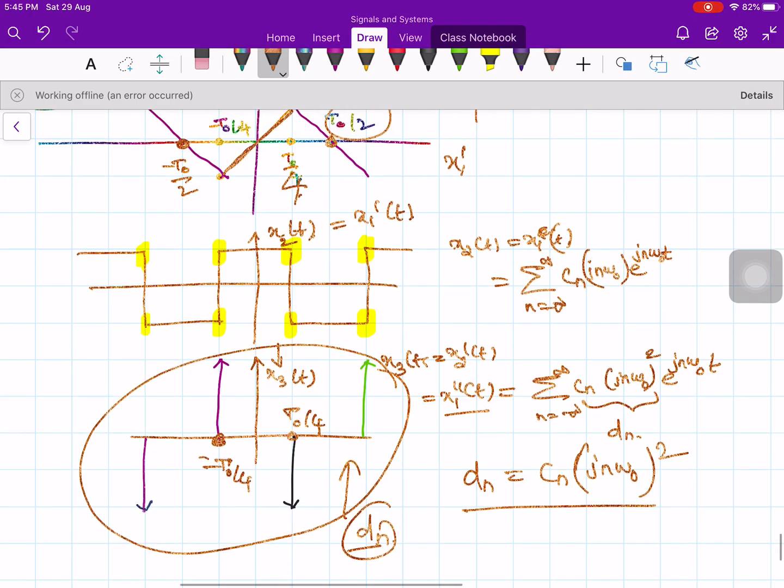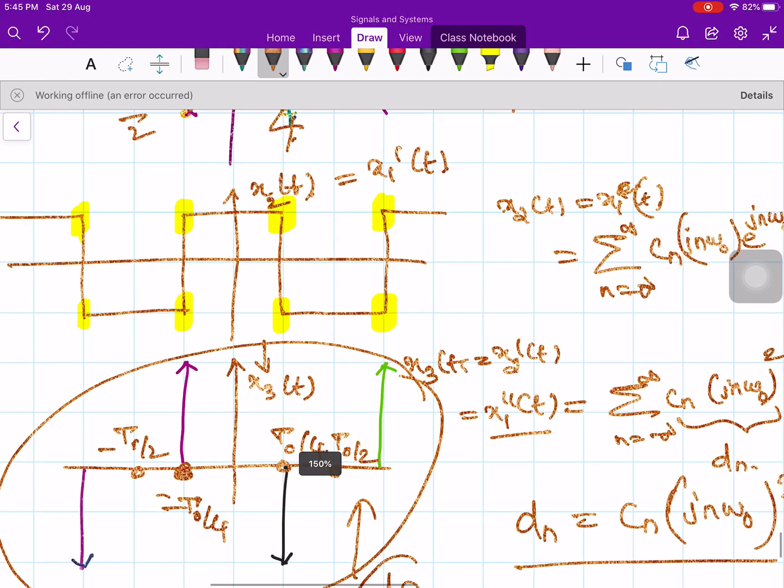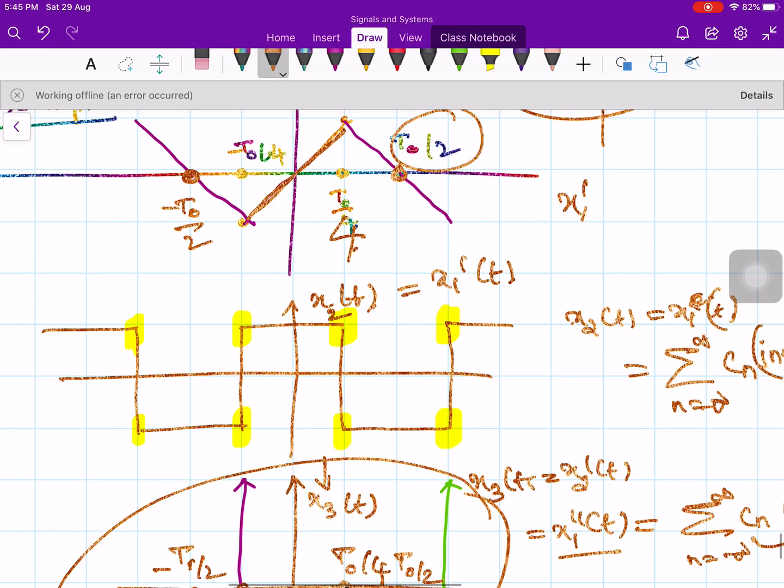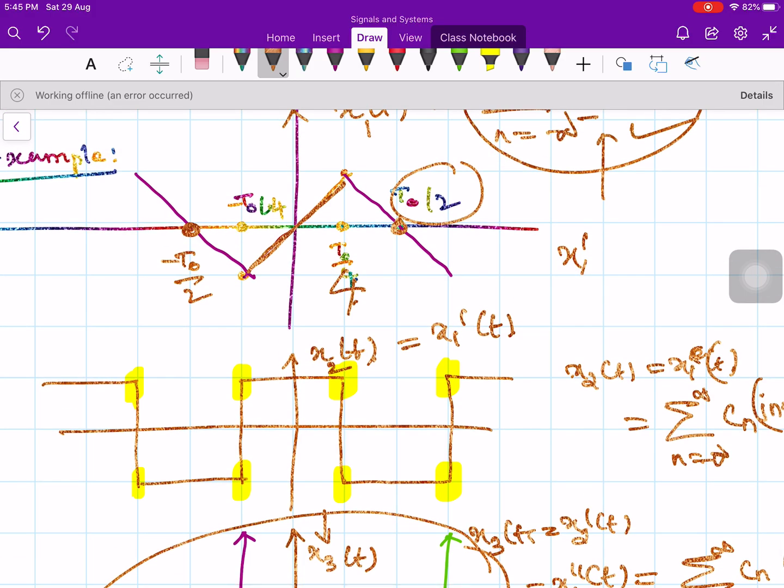And this point is minus t naught by 2 and this point is plus t naught by 2. By the way, what is the magnitude of this impulse? Now let us fix it. Let me give that value also, how much it varies.